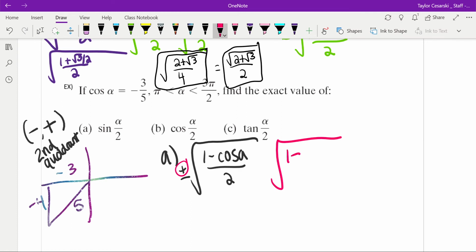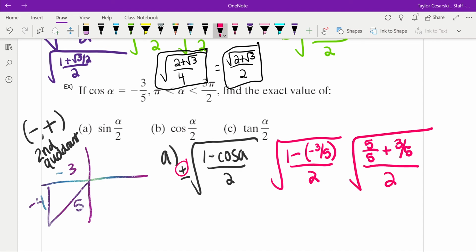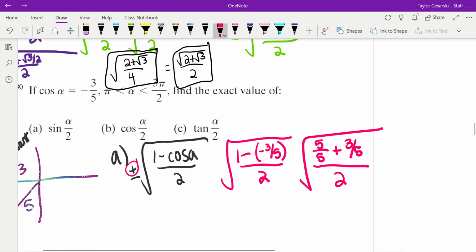So 1 minus cosine of A. We know cosine of A is negative 3/5, divided by 2. So 1 minus negative 3/5, I'm going to write that out as 5/5 plus 3/5 over 2. Well, 5/5 plus 3/5 is just 8/5.